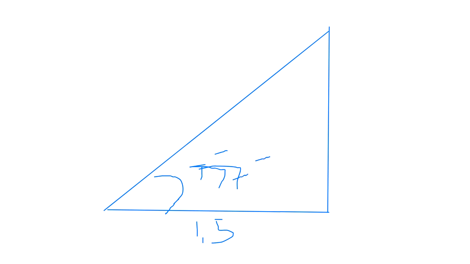The question is asking for how far the window sill is from the ground, so obviously it's asking for the height here. We have opposite and adjacent, so we can say tan 75.